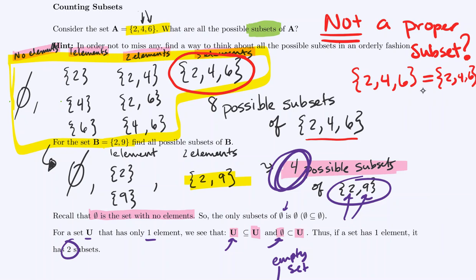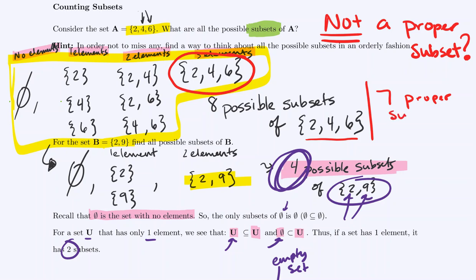Okay. So while there are 8 possible subsets of 2, 4, 6, there are only 7 proper subsets. Because the largest subset is not a proper subset.